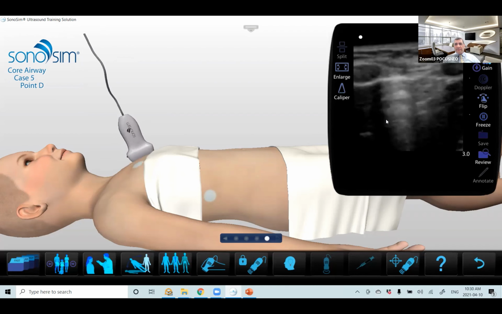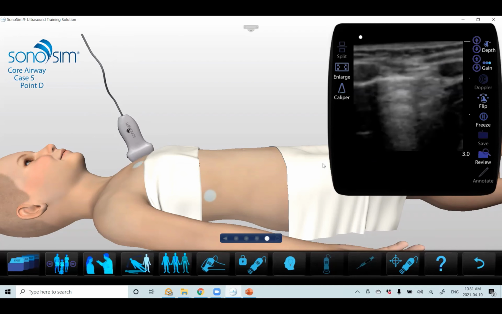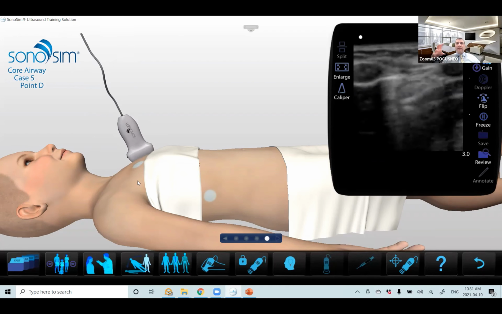Maybe more clear here. Can you see the sliding of the lung? Yes? Okay. So if you have sliding in both lungs and synchronized with the bagging, it means the tube is in. And the tube is probably above the carina, because you can see the left side sliding is very good.